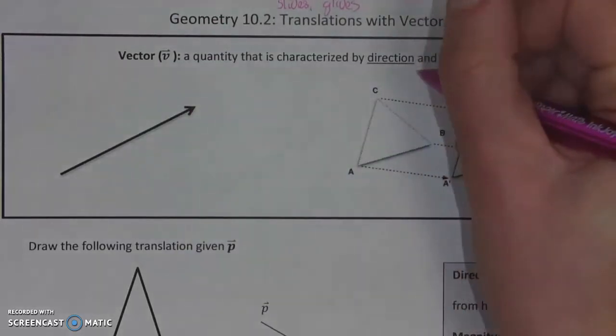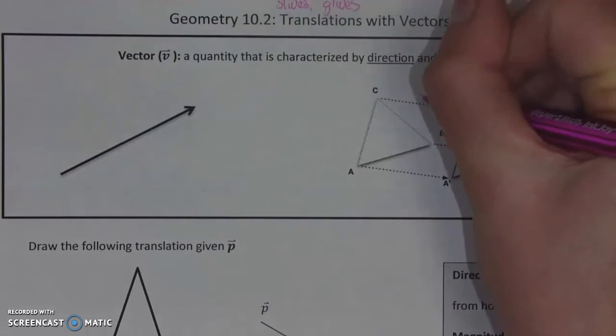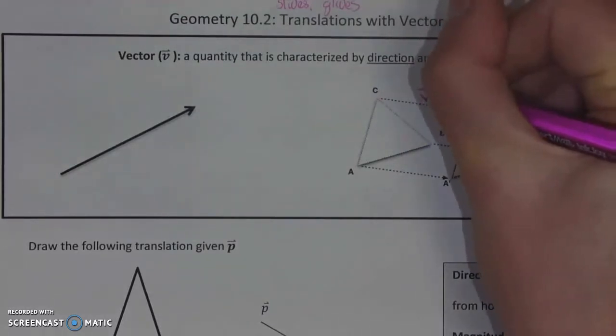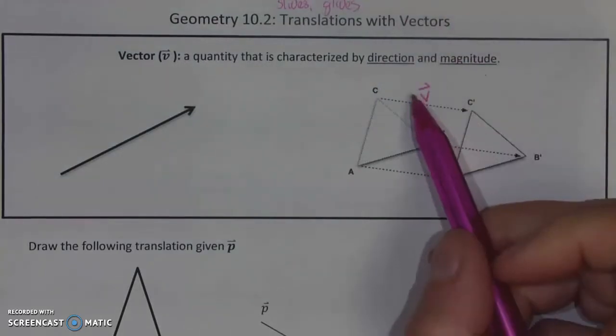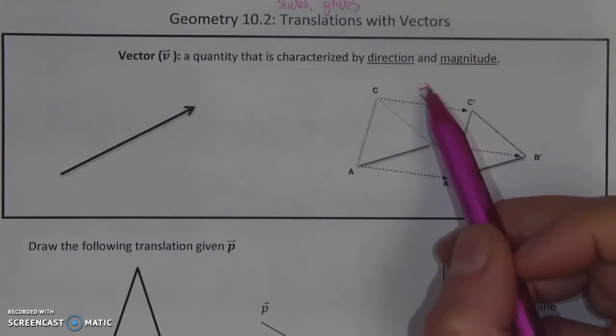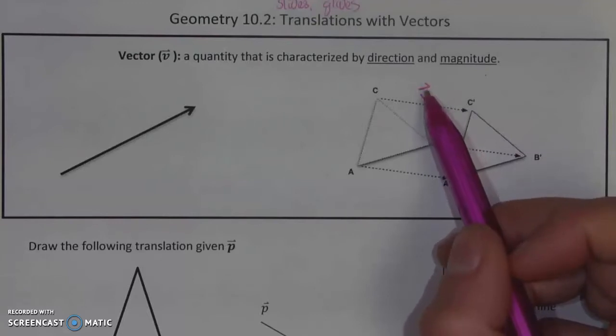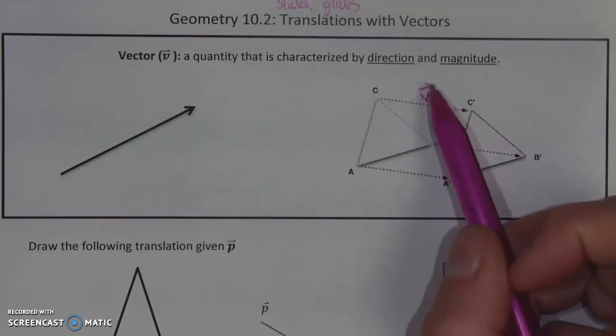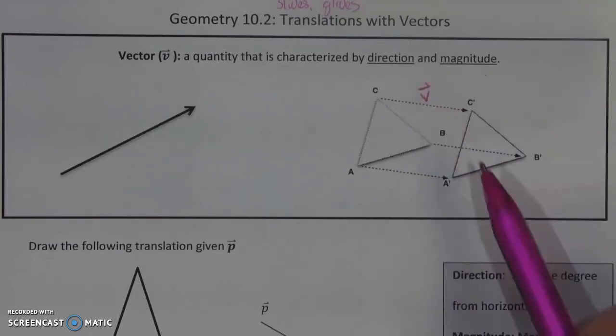And with these, we're going to use a notation that will label the vector with a letter, similar to what we do with a line. And we put a little notation mark on top that kind of looks like an arrow, but it's missing the bottom part. They took that bottom part of the arrow off because they want it to be distinct from a ray, which uses an arrow for its notation.